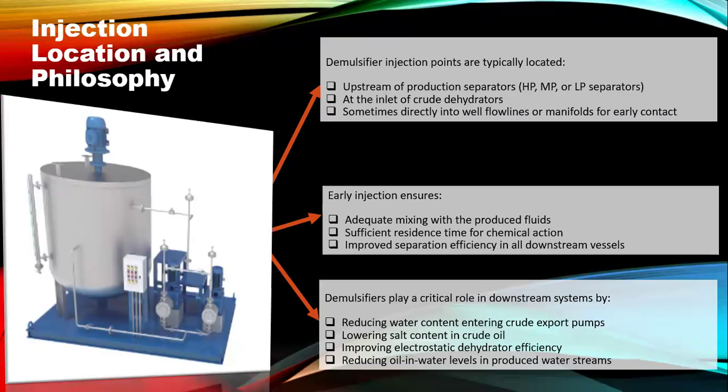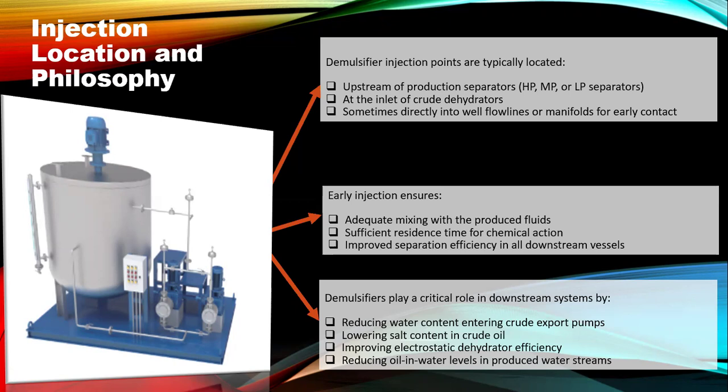The injection points for demulsifier are upstream of your separators, right? And also at the inlet of your crude dehydrator. Sometimes you can also add it directly into your well flow lines or your manifold for early contact.